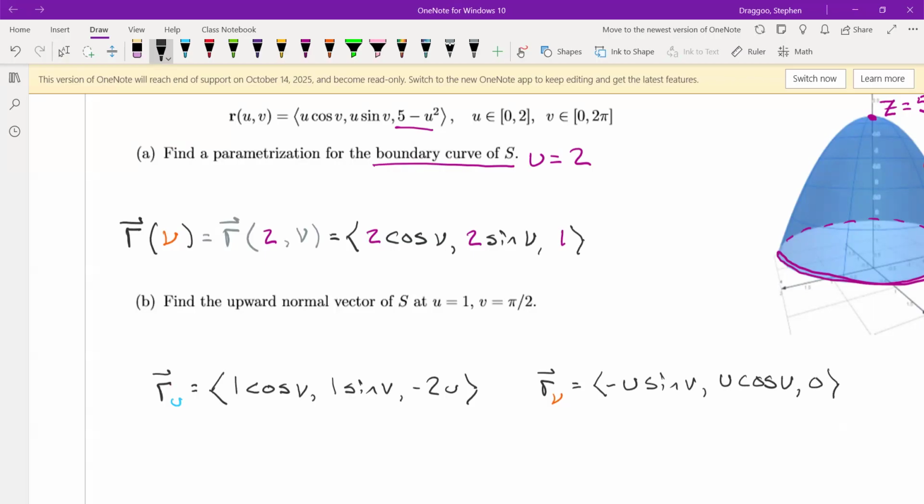Maybe I should have been talking about what I was doing. I took my v partial, which meant that I'm taking the derivative of the two trig functions, leaving u constant. The derivative of cosine was negative sine, and the derivative of sine is cosine. And because the z component has no dependency on the angle v, its partial is going to be 0.